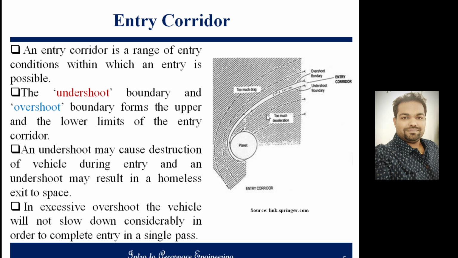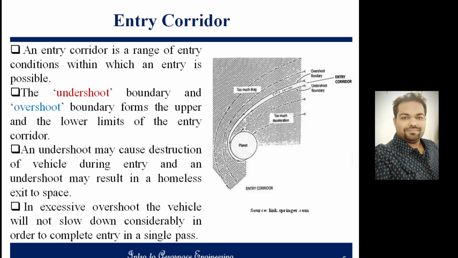If due to guidance error excessive undershoot happens, the vehicle will enter into the atmosphere at an excessively steep angle, thereby experiencing too much deceleration.